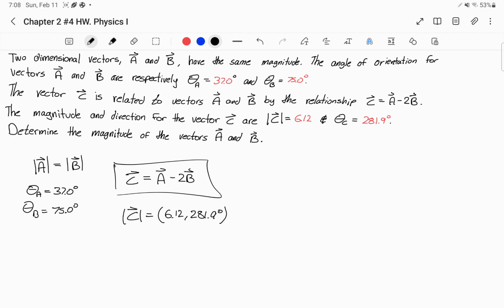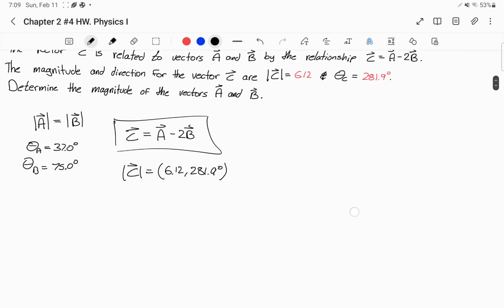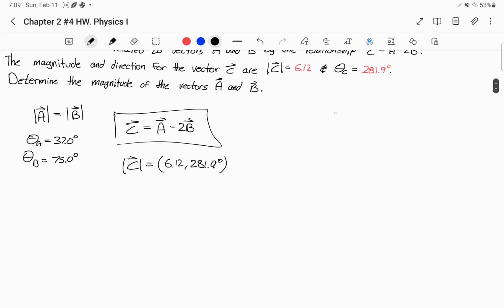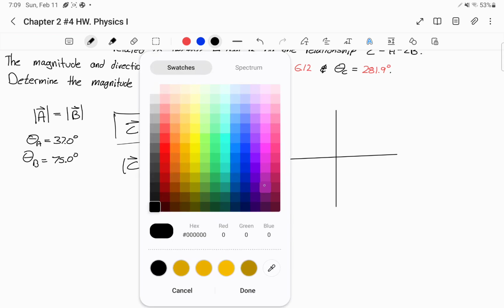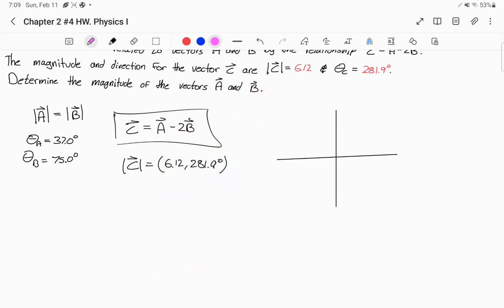So let's draw out the problem and see where our vectors lie. We have the x and the y axis. We're going to draw our vector C, and we're going to make it in pink. It has an angle of 281 degrees. From the unit circle, we know that this is 0, this is 90, this is 180, and this is 270 degrees.